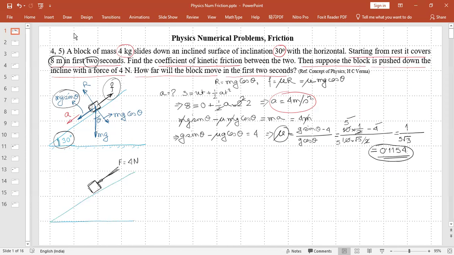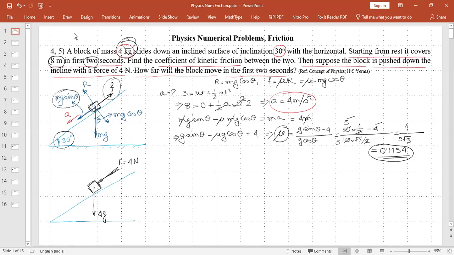Now, it was also given that the mass of the body is 4 kg. In the first part, we did not consider the mass because m finally got cancelled. The mass of the block is 4 kg. So here, the downward gravitational force is 4g.